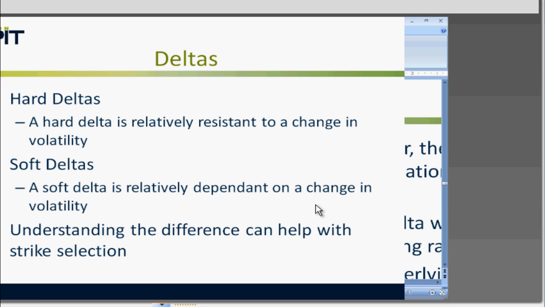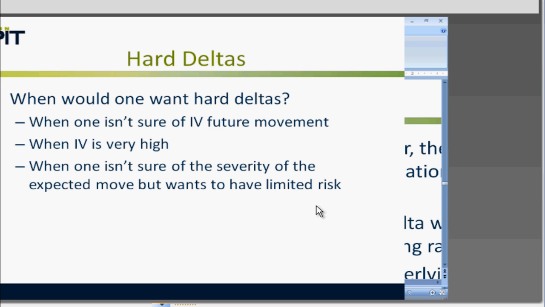A hard delta is relatively resistant to changes in volatility. A soft delta is relatively dependent on a change in volatility. Understanding the difference can help with strike selection. So let's talk about hard deltas.